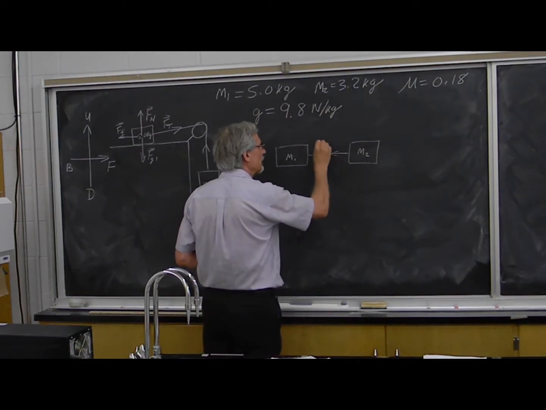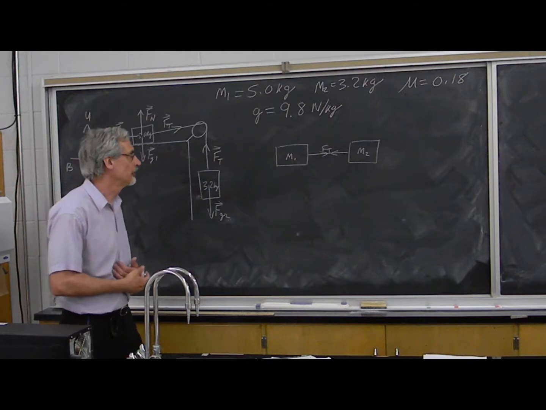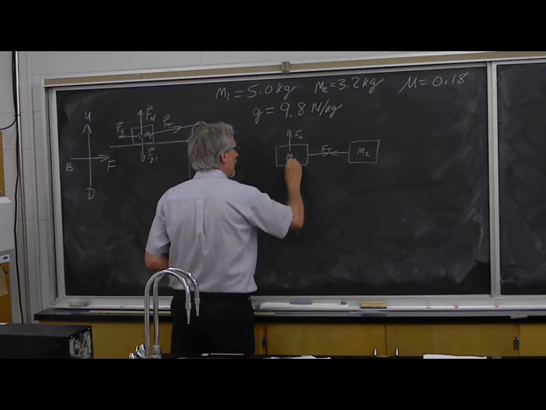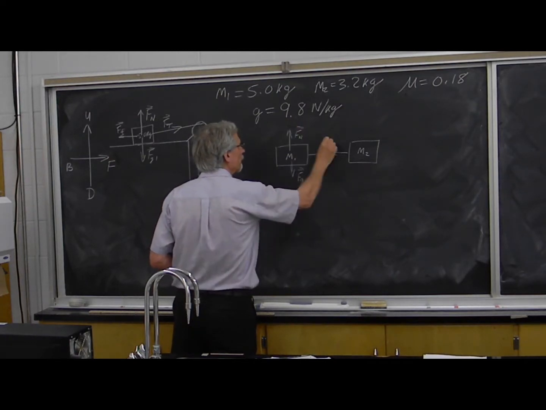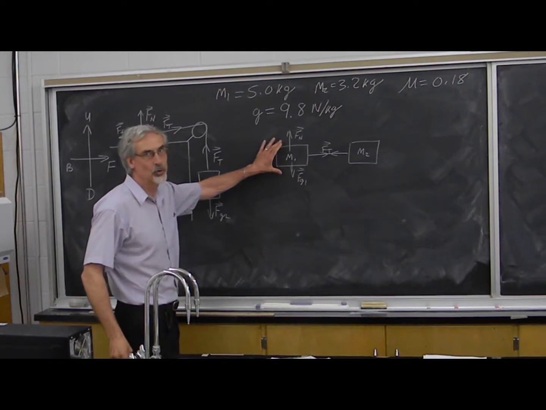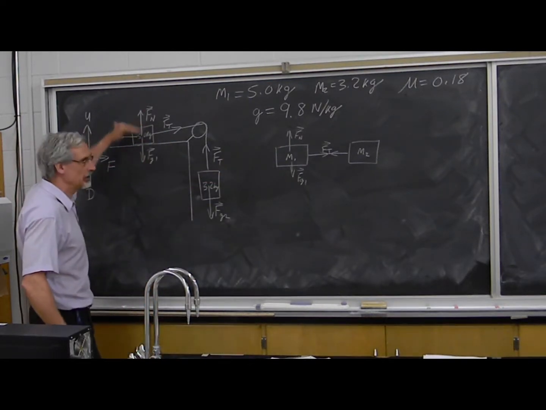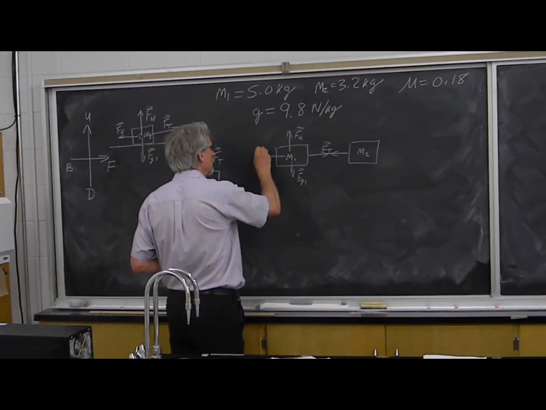The tension is now on the string in between the two. There's still the normal force and gravity on M1, and those two will cancel each other because it's not going to accelerate in this direction. And the force of friction will be this way.